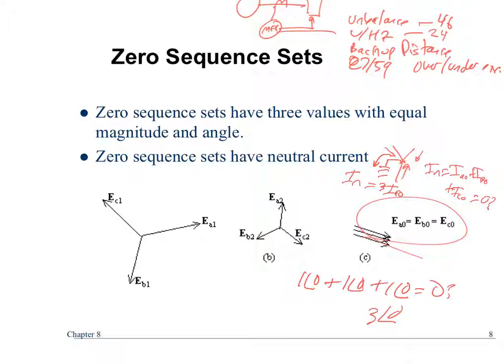And just to confuse you, in Schweizerland, generically, we have 0, 1, 2, positive, negative, and zero. In Schweizerland, they don't call it 0, 1, 2. They call it positive, which would be 1. What would be negative? Q.